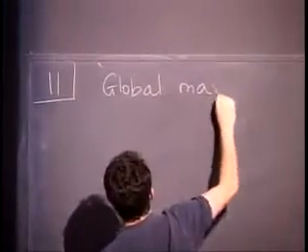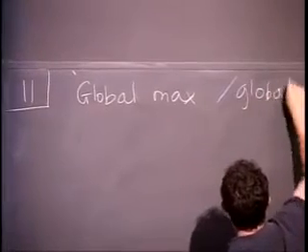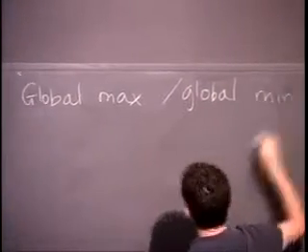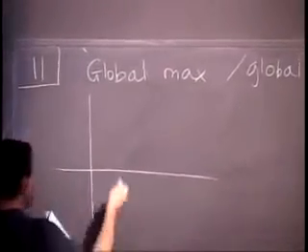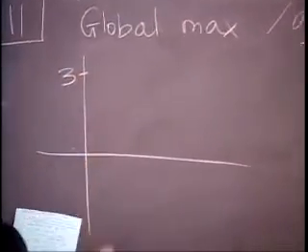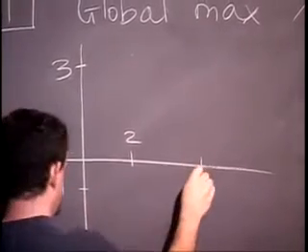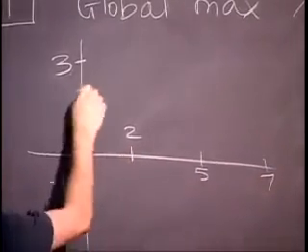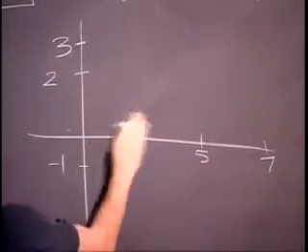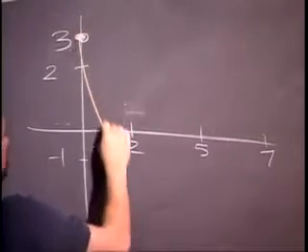maximum or a global minimum of a function. So, by example, suppose I have a function. This is going to be height 3. I'm just going to mark in some points here. Okay, so I want the function to look something like this.